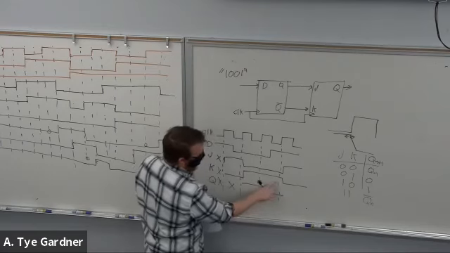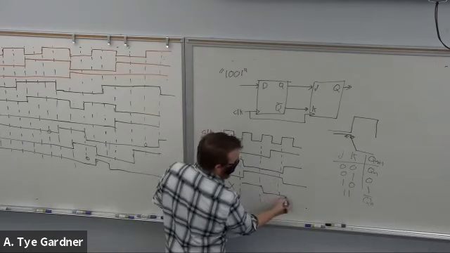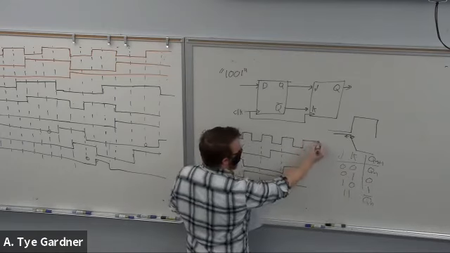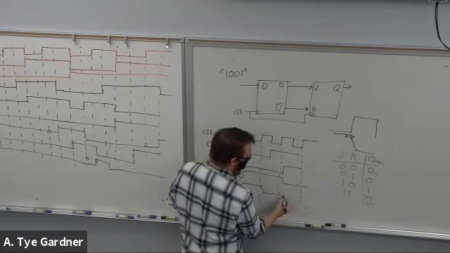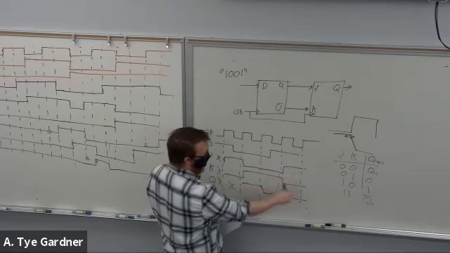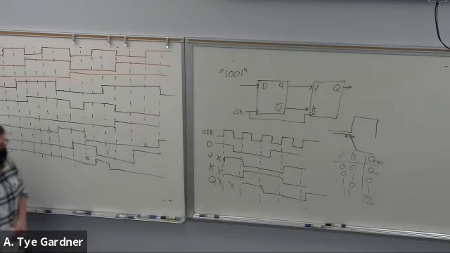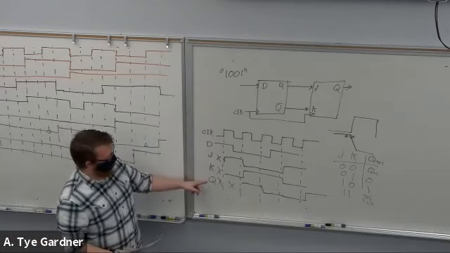And then at the next rising edge of the clock, K is still 1. And K being 1 means reset. And then if there was one more clock, then we'd have a J of 1, which is set. Right, so in this case, Q, the final output, is D, just shifted by 1.